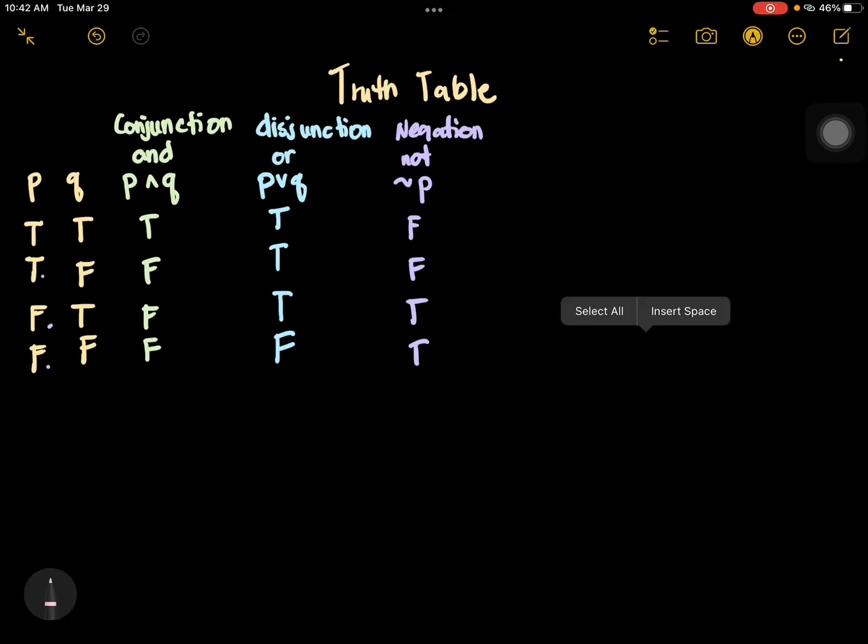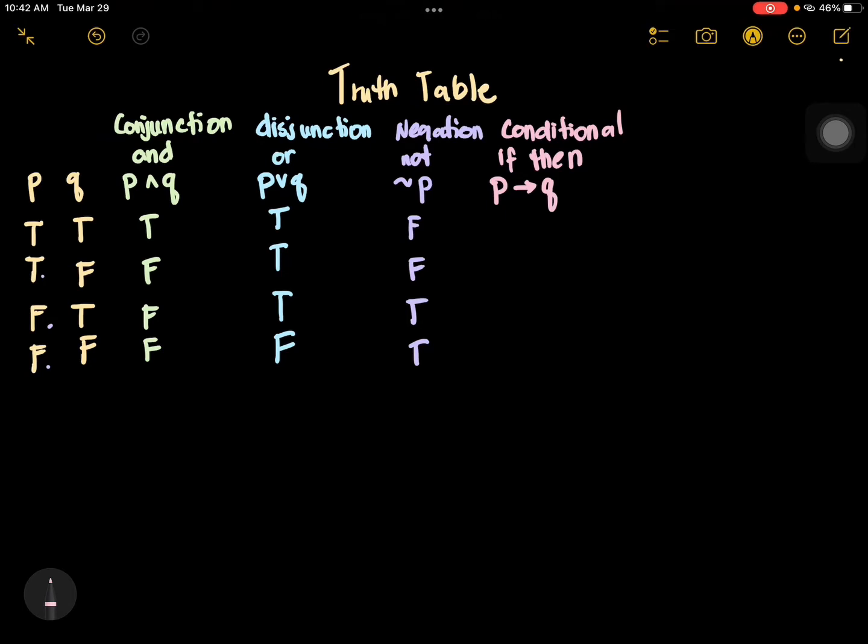The next one is conditional. Conditional is if P, then Q. This is if, then, and this is what we call conditional. The proposition if P then Q is false only when P is true and Q is false.